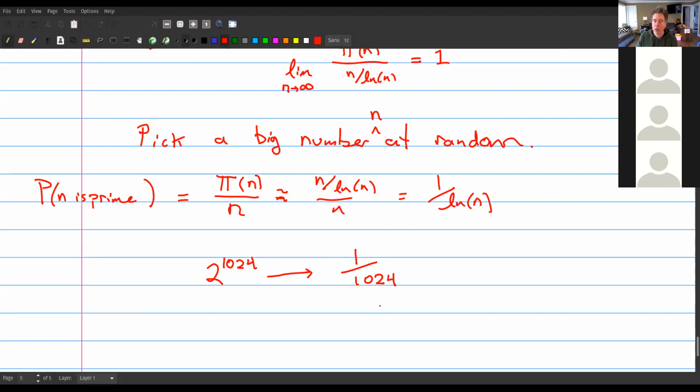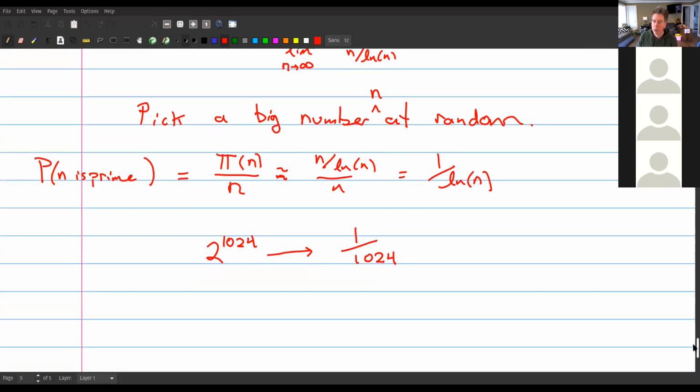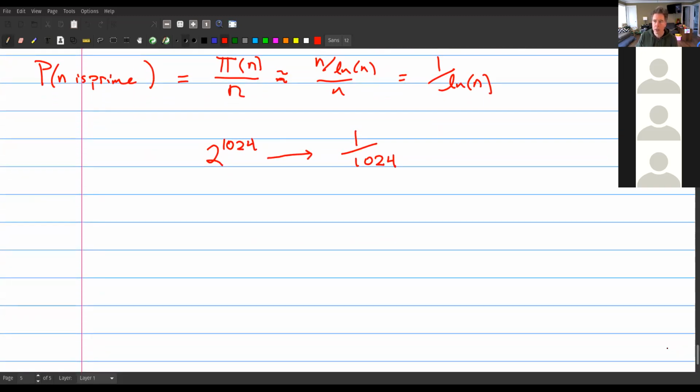So you've got about a 1 in 1,000 chance of it being prime, which is good enough for us because you can quickly check whether a number is prime, so quickly that a computer can do it 1,000 times really fast. This is basically how we find our big primes. We just select big numbers at random and then check to see if they're prime.